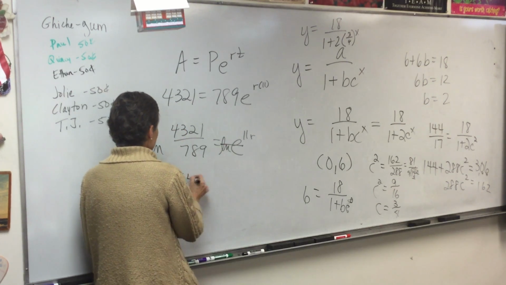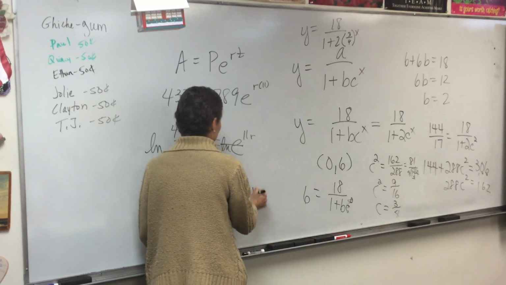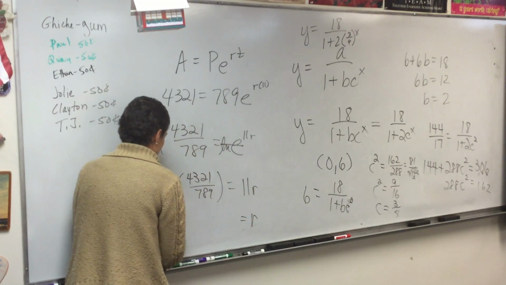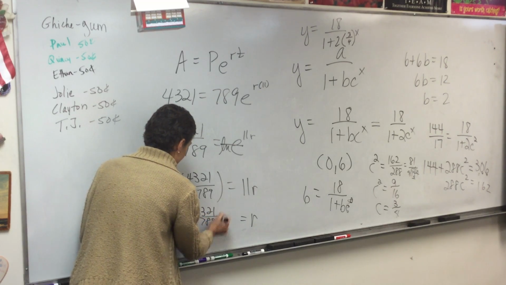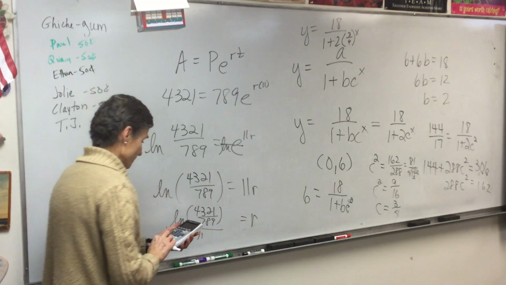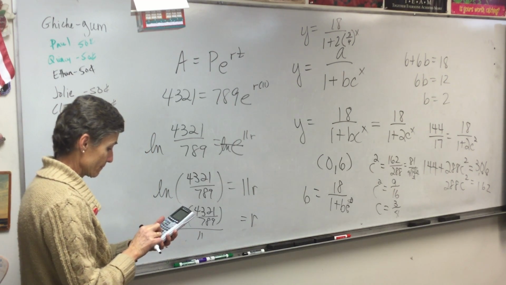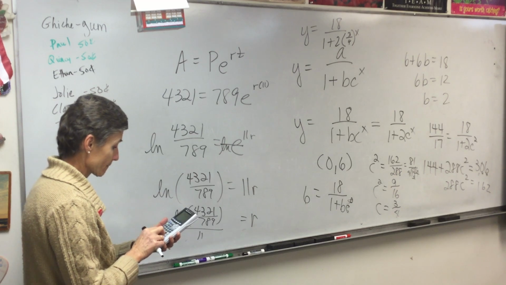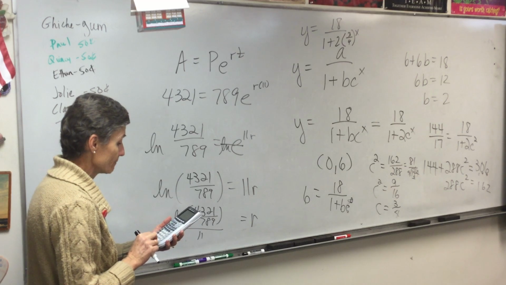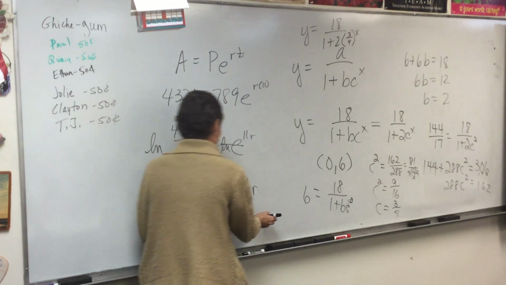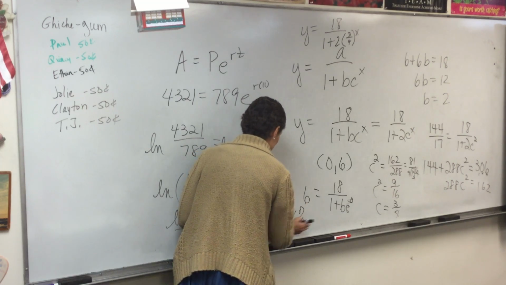So we have the logarithm of 4321 over 789 equal to 11r, and our answer is going to be ln of the fraction divided by 11. So I got this pretty big growth, about 15.46%?